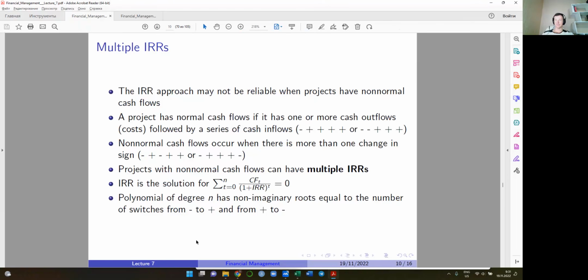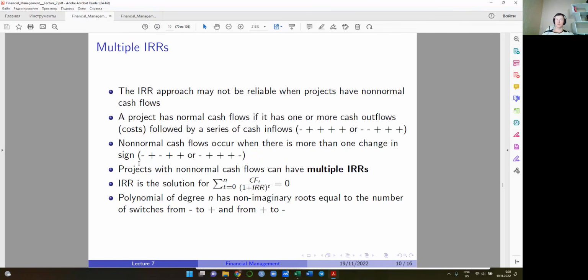All of us studied this in school. Therefore, it has some application to our financial management task. If you have only one switch, there is going to be at most one non-imaginary root, which is the internal rate of return. And that's okay for us.